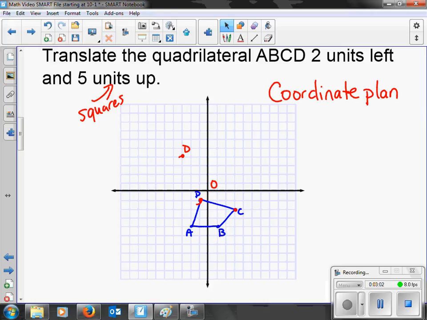I'm going to move it 2 units left. 1, 2, and then I move it up 5 units. 1, 2, 3, 4, 5. Okay, and I place the point right there. Okay, so you go over 2 to the left and up 5.